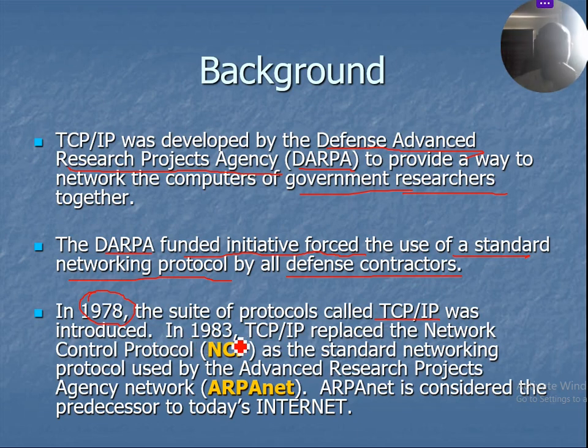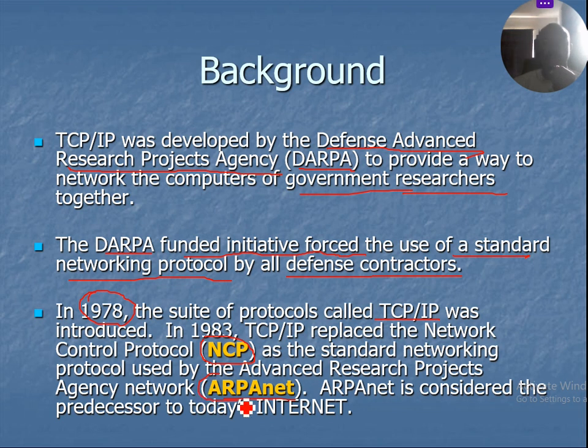In 1983, TCP/IP replaced the previous protocol, the Network Control Protocol, as the standard networking protocol used by the Advanced Research Projects Agency Network, called the ARPANET.